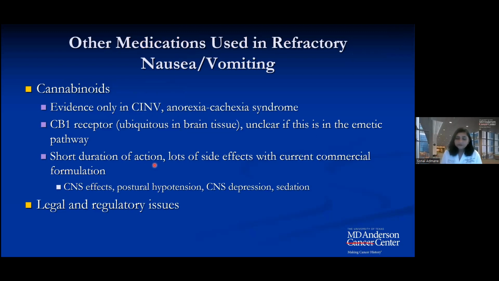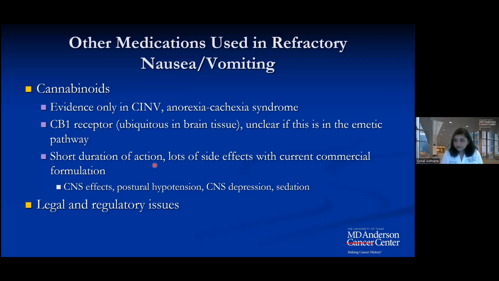They do have a lot of side effects, including confusion, hypotension, and then in combination with opioids, especially with agents like methadone, they can cause respiratory depression and higher sedation. So if our patients are elderly, if they are on concurrent opioids, we usually do not recommend use of cannabinoids.